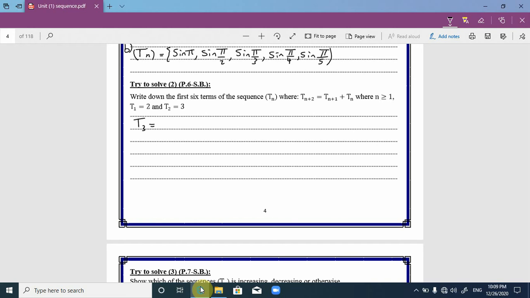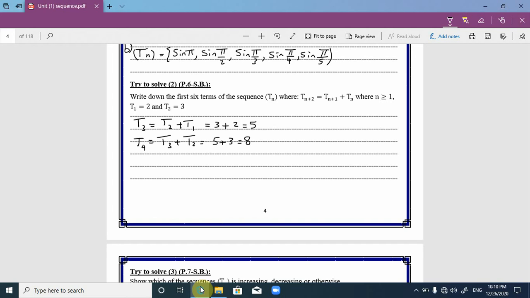So T3 equals T2 plus T1, which equals 3 plus 2, so the third term equals 5. Now T4, sorry, in the same way equals T3 plus T2, the last term and the previous last term. It will be 5 plus T2, which is 3, equals 8.